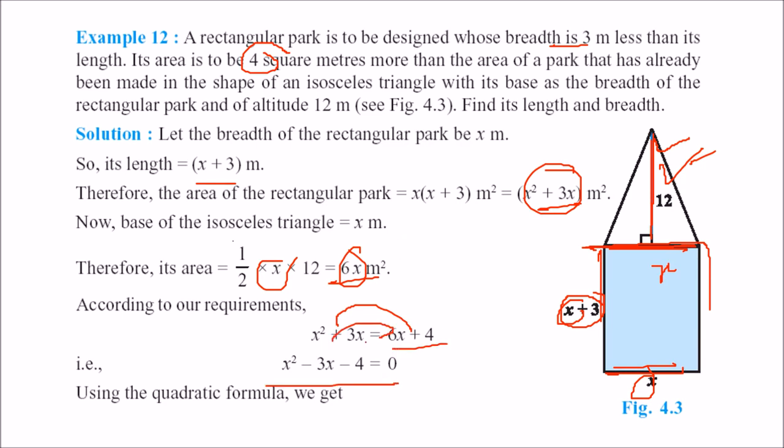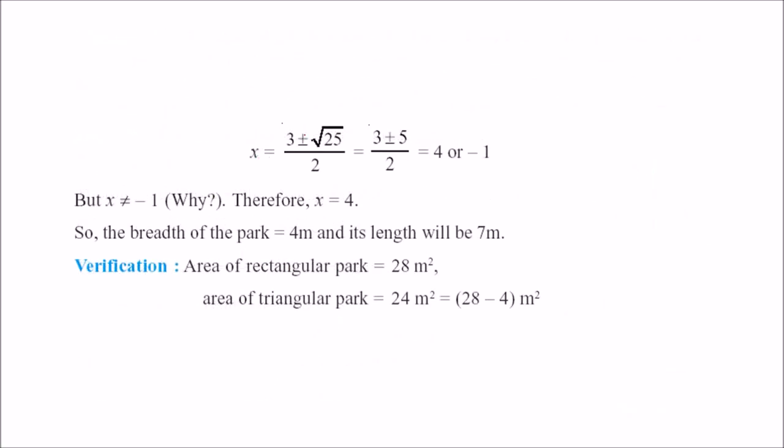Take this side: x square minus 3x minus 4. The simplest solution is minus b plus minus under root b square minus 4ac by 2a. One time you take plus, you get 4; you take minus, you get minus 1. You know the dimensions cannot be negative, so x equals 4, and the length, if this is the breadth, would be 4 plus 3, that is 7.